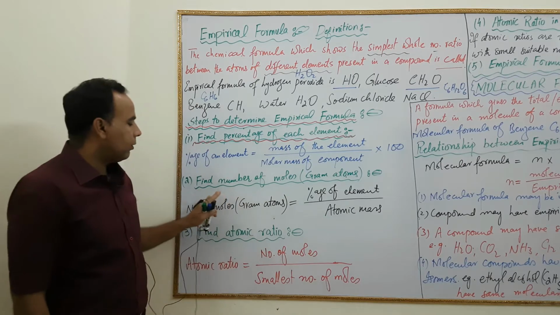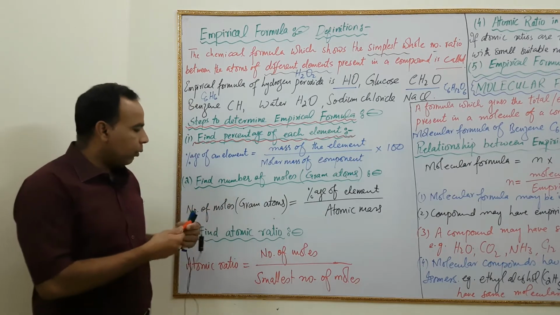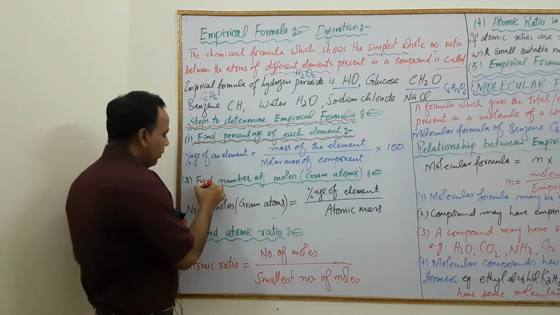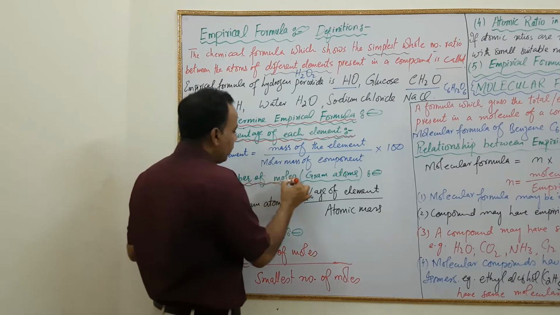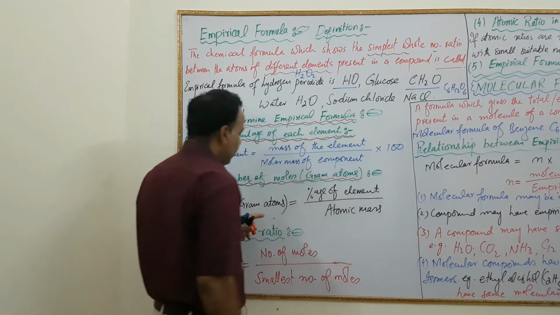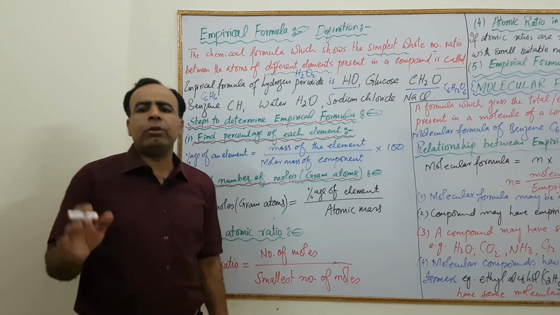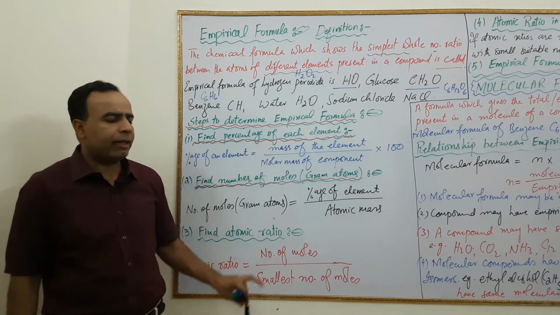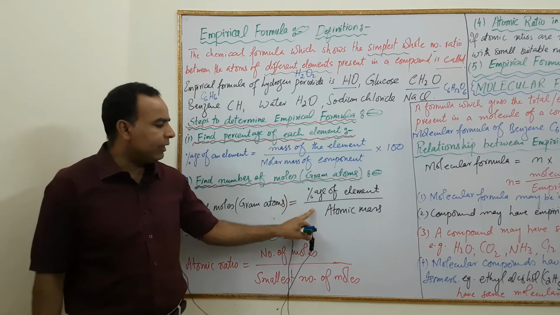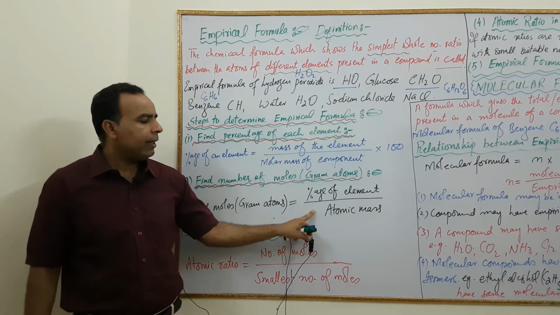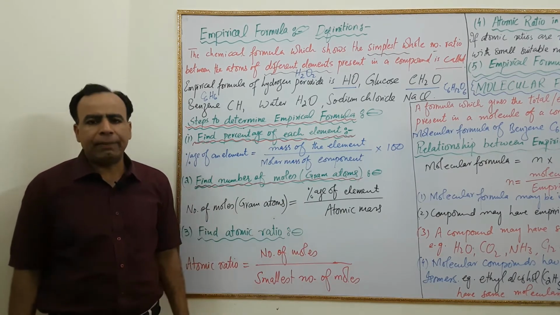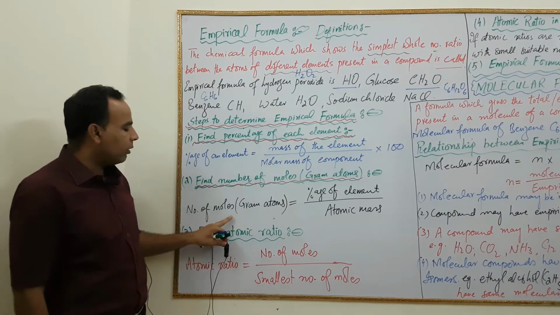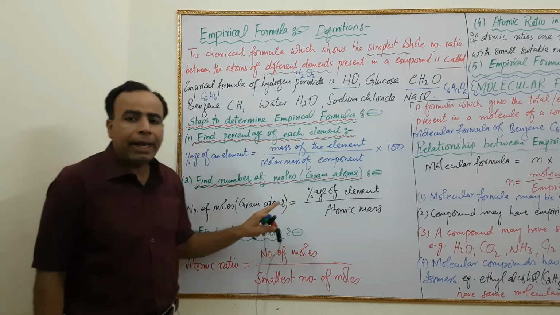Now, dear students, the second step is to find out the number of moles, that is gram atoms. In order to find out the gram atoms of each element, we divide the percentage of each element by its atomic mass. In this way we can find out the number of moles, that is gram atoms.